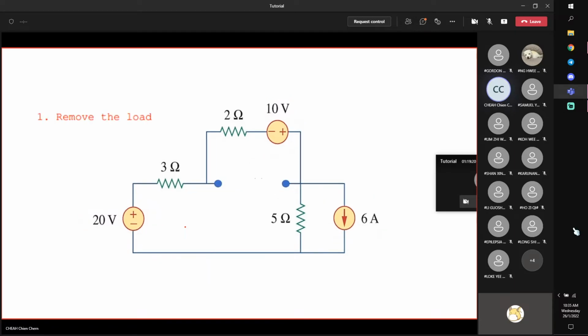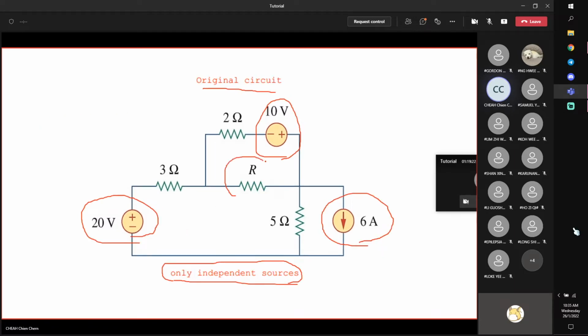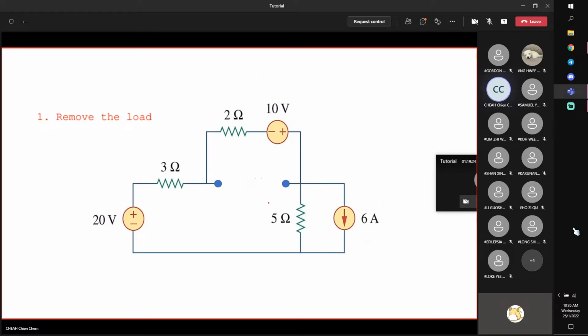First, we must remove the load. Remove this load, and this is what we get. How do we set this voltage source equal to 0? Voltage equal to 0, you short it. Voltage is set to 0 by shorting it. As I said, V is equal to IR.